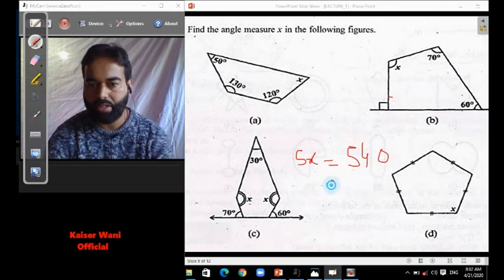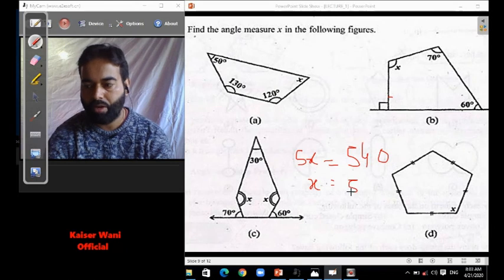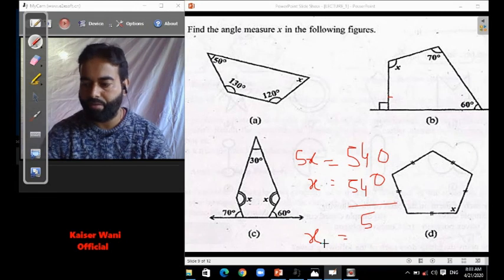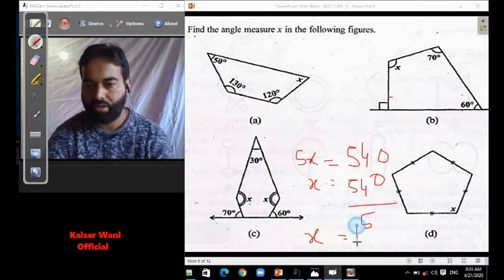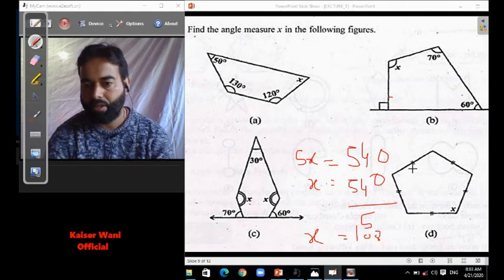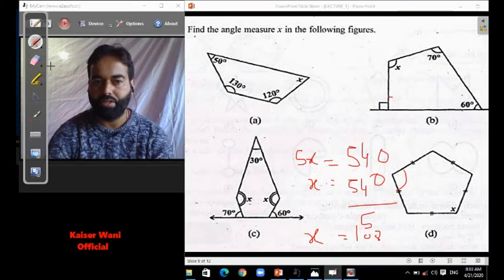So x is equal to 540 divided by 5, that is 108. So each angle of this figure will measure 108.